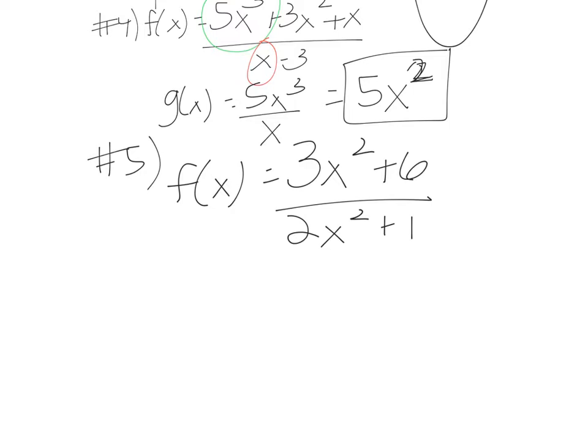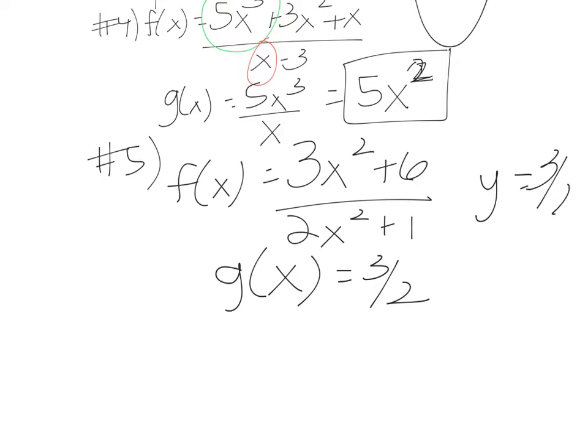Yes. So our end behavior model would just be 3 over 2. And that should make sense to you because we learned asymptotes yesterday. What's the asymptote of this? y equals 3 halves.